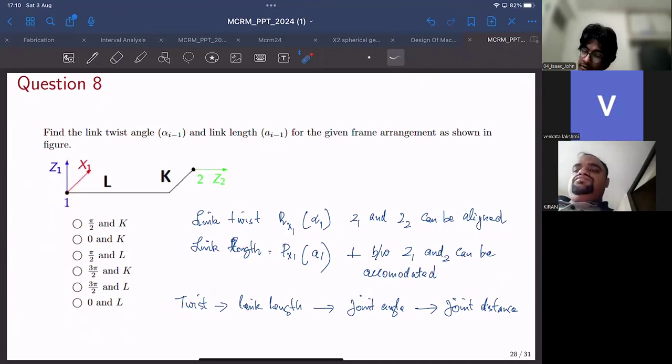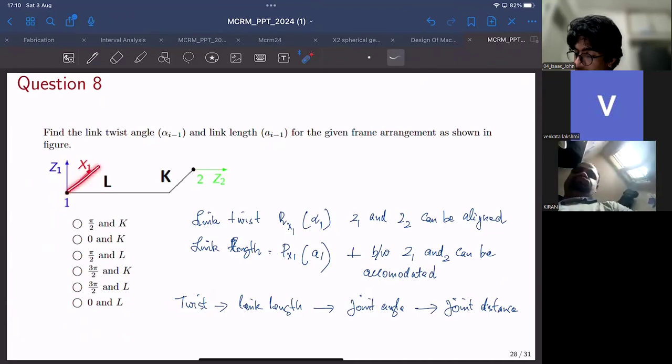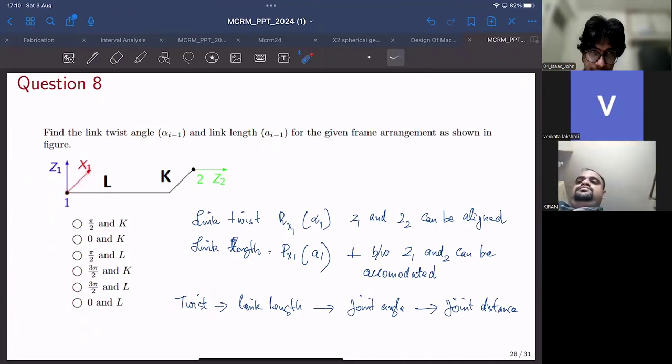Since the direction of x1 is along this direction, the positive rotation as per the right hand screw rule would be like this. So by how many degrees do you have to rotate Z1 so that Z1 and Z2 would be parallel, about X1?